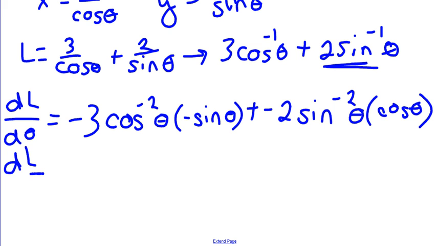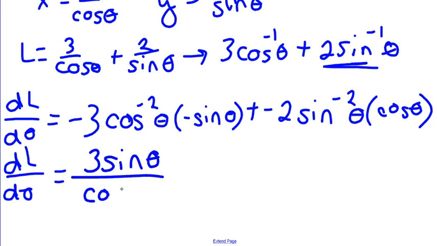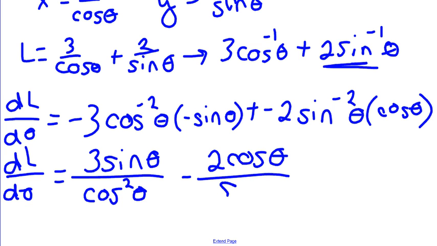This is dL with respect to theta. This is equivalent to the negative 3 and the negative sine of theta. That's a positive 3 sine theta. I'm going to drop the cosine squared down below. That way it has a positive exponent. And then minus 2 cosine theta over sine squared theta.